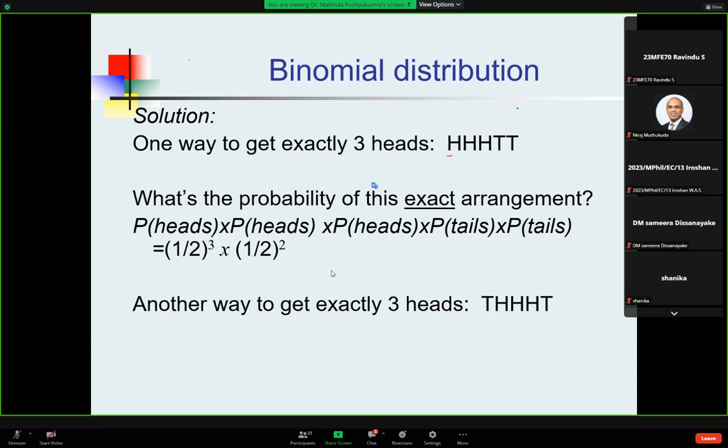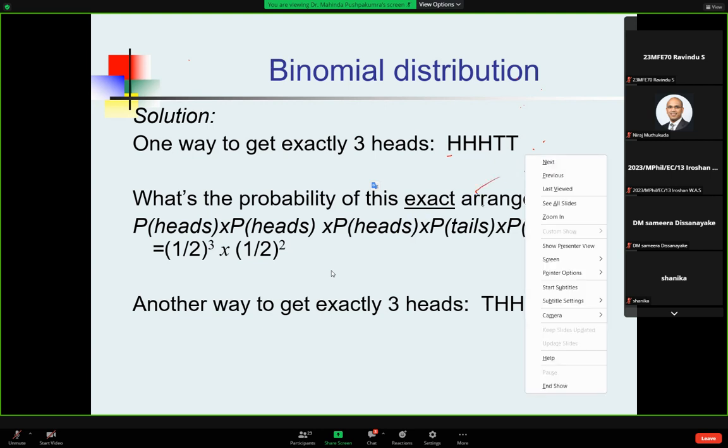Then another way to get 3 heads is tail, tail, head, head, head.